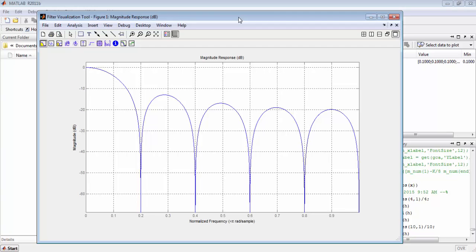But you will have zeros every 2 pi over 10. So that's pi by 5, right? And you see that indeed every pi by 5 you have a zero. So your magnitude response hits 0, goes up again, hits 0 again, goes up, hits 0, goes up. Okay.